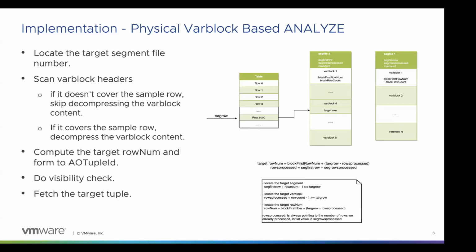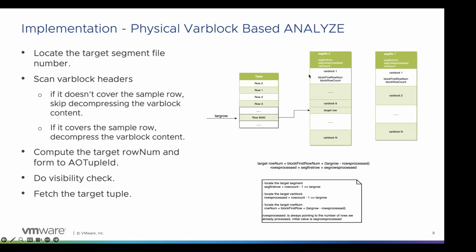So based on this info, we can calculate and locate the target segment file. That means which segment covers this target row. Next, we scan the var block headers. Based on this information, and also the block first row number and the block row count, we get the distance to the target row.